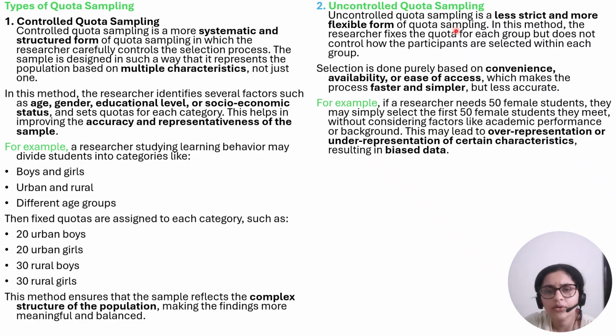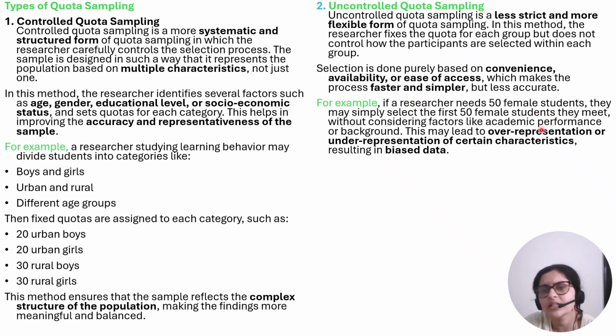Uncontrolled quota sampling is a less strict and more flexible form. In this method, the researcher fixes the quota for each group, but does not control how the participants are selected. In controlled sampling, age, gender, and educational level are all considered. In this, nothing of such sort is there. Selection is purely based on convenience, availability, and ease of access. It is faster and simpler.